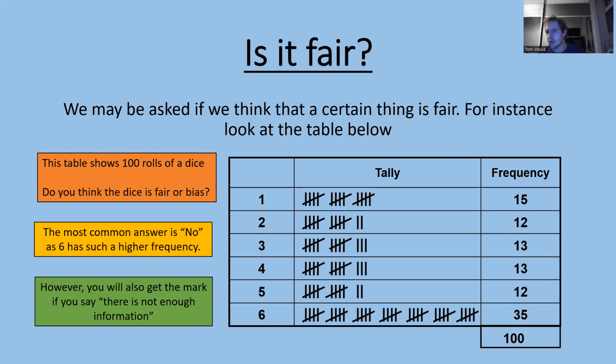The reason it might be fair is that if I've rolled this dice 100 times, it might just be that 35 of them were 6s. It's not impossible. It's more unlikely, but it's not something that couldn't happen. If you got a load of people and everyone rolled a dice 100 times, this outcome might occur.